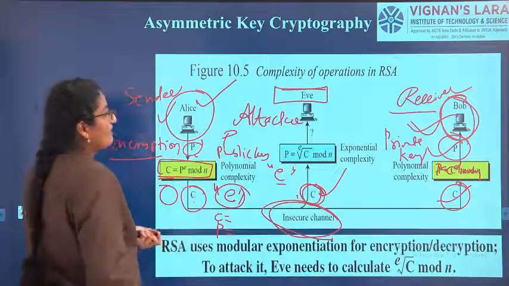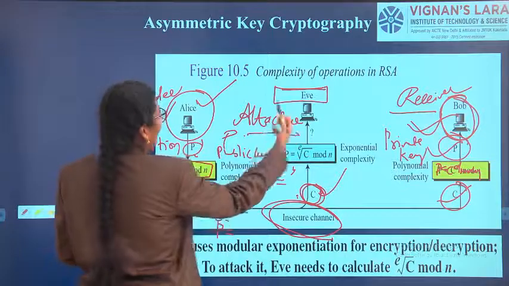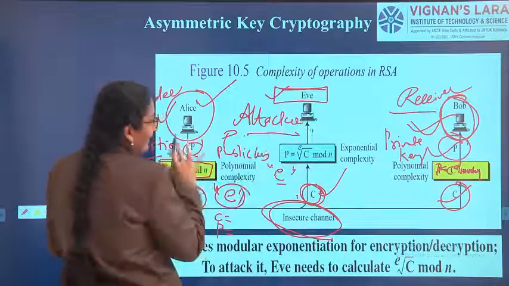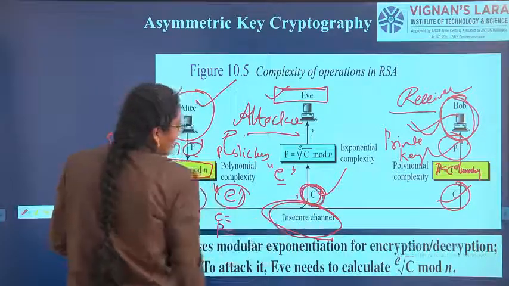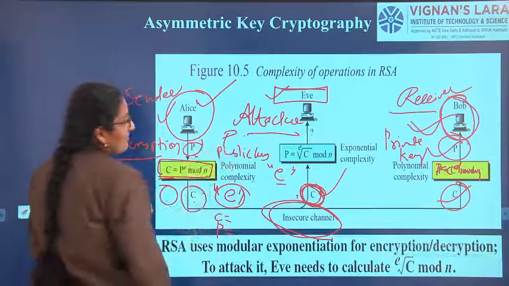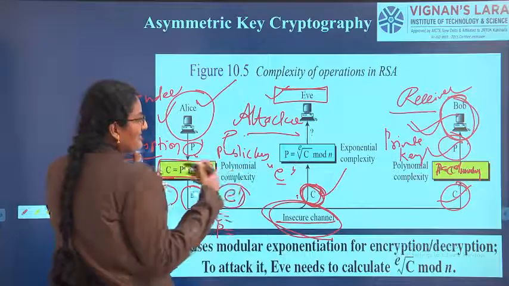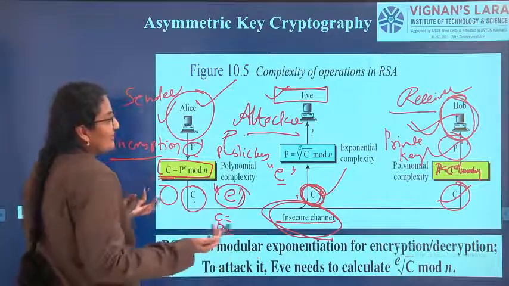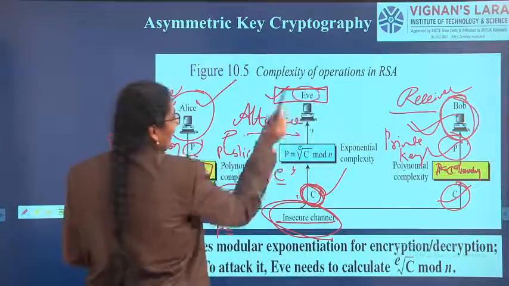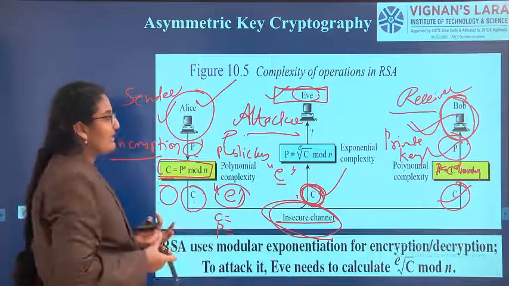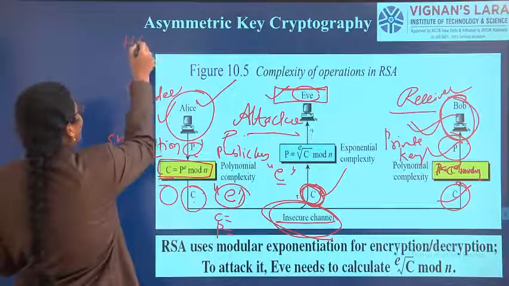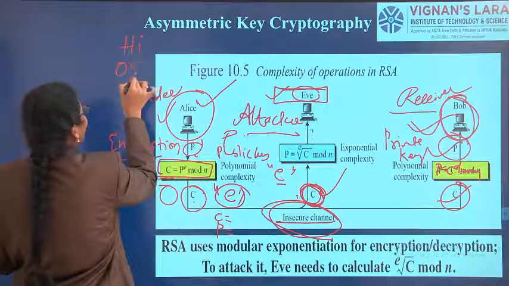But what is the problem? If the attacker called Eve attacks this ciphertext, because both the sender and receiver are communicating in an insecure channel, by taking the ciphertext he cannot do anything. The ciphertext is not understood by Eve. Eve cannot understand the ciphertext because my message is hi, and I encrypted it into 05.